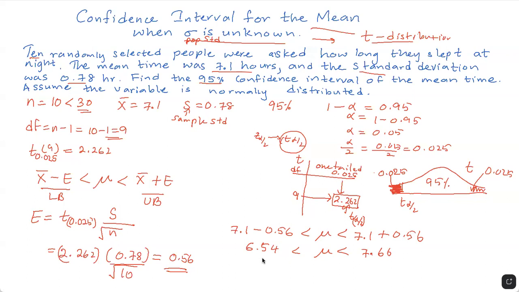The rounding rule is we have the same decimal places as x bar, so we round to the first decimal place, 6.5 and 7.7. So now this is the confidence interval. Here we are 95% confident that the mean time is between 6.5 hours and 7.7 hours.